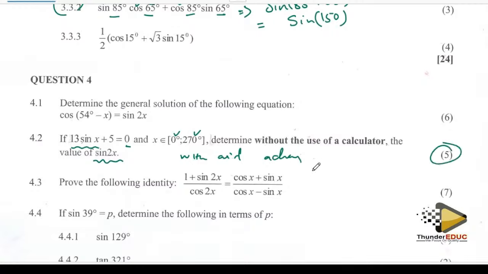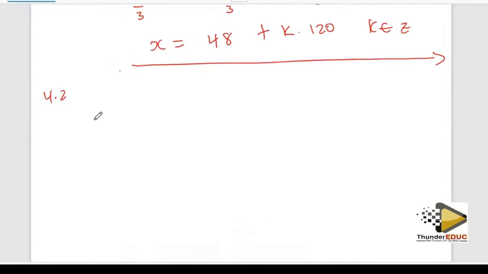So guys, without a calculator, don't be tempted to find the value of x using the arc sine. It's going to cause trouble. With such questions, we are advising you to draw up a sketch.